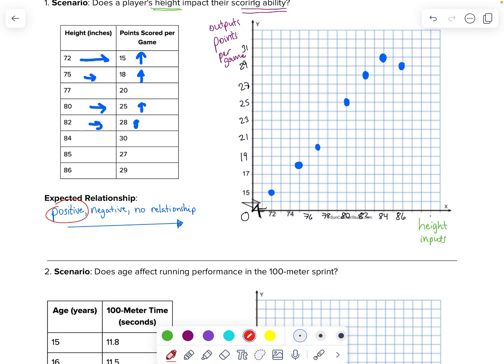So we can write something like, as a player's height increases, their points per game also increase. Okay, and that's what you're going to do for the next 3 graphs.